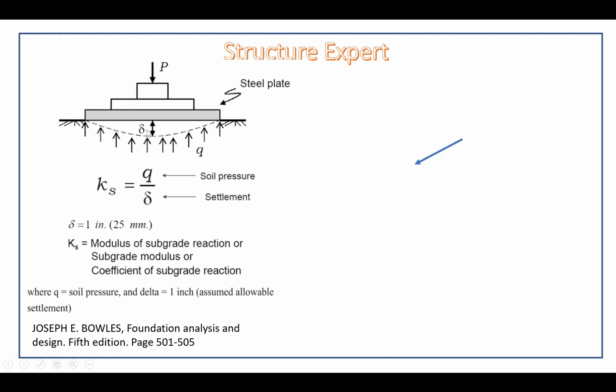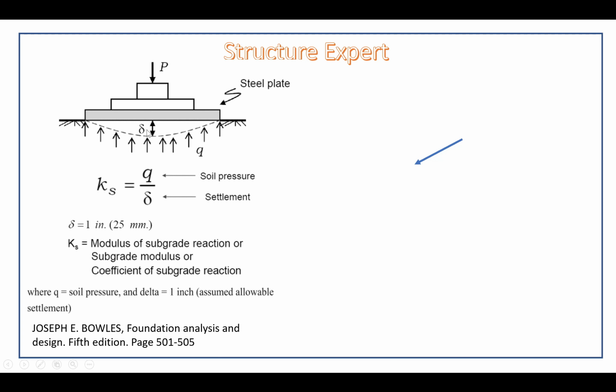We want to convert the unit to kilonewton per cubic meter, so you can take Ks equal to 40 multiplied by q ultimate. The ultimate stress is equal to the safety factor multiplied by the allowable stress. So we replace the ultimate stress with the allowable stress. You can compute the value.